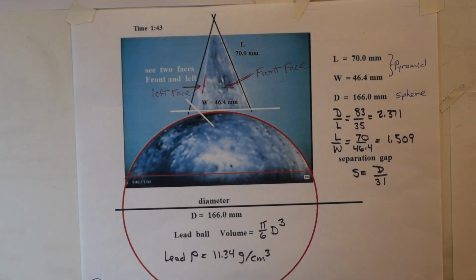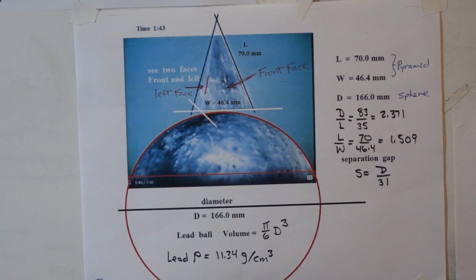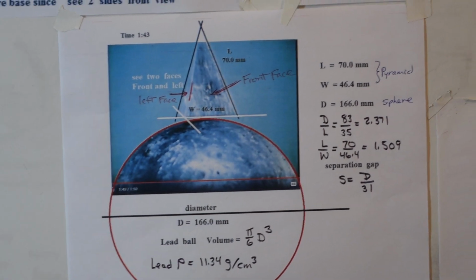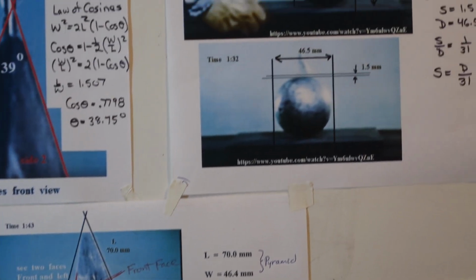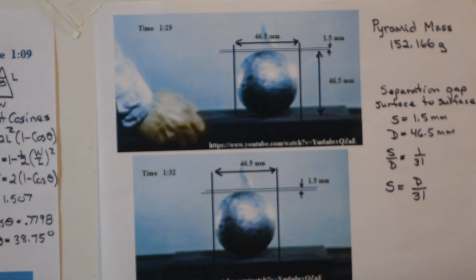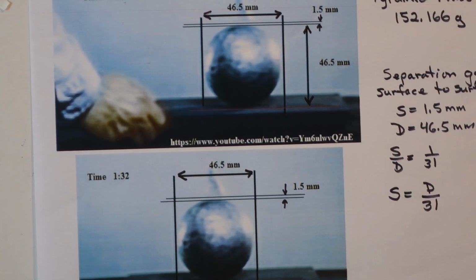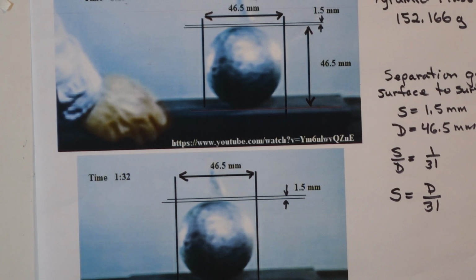So we have our angle theta, we have the ratio of D to L, and now we can compute the actual dimensions from these. One other thing before I do that, I'll show you one more screen grab, to get the separation distance between the bottom of the pyramid and the top of the sphere.